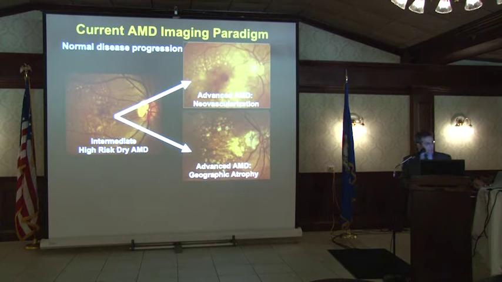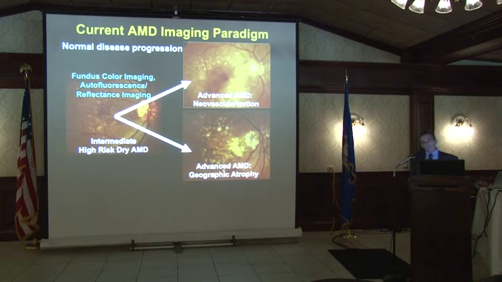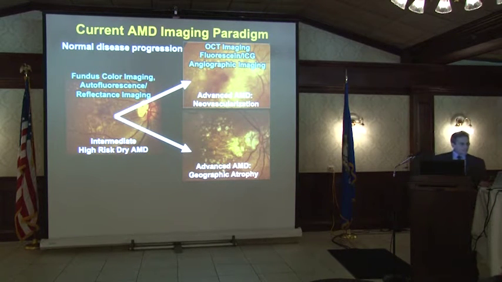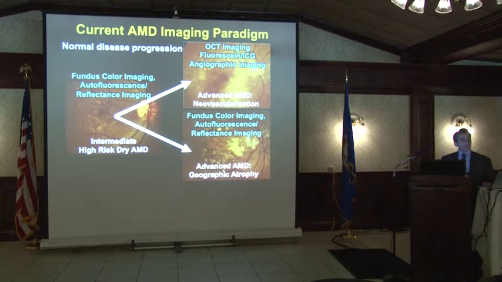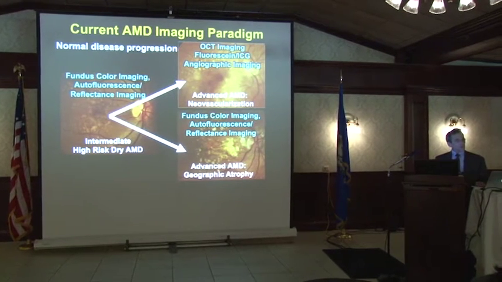So, age-related macular degeneration. Now, we're used to pretty typical imaging technologies for OCT, color fundus imaging, autofluorescence, infrared reflectance. We do dye-based angiography for wet AMD, and we do other reflectance imaging for dry AMD.